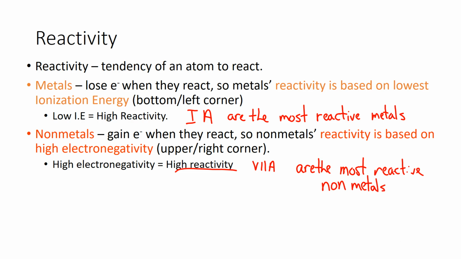Group 7A is never going to be found alone in nature. Now, the nice thing about nonmetals is, remember, nonmetals can bond ionically. They can also bond covalently. So what else do you notice about group 7A? How do we usually find those elements in nature? Fluorine, chlorine, bromine, iodine. What do those things have in common?